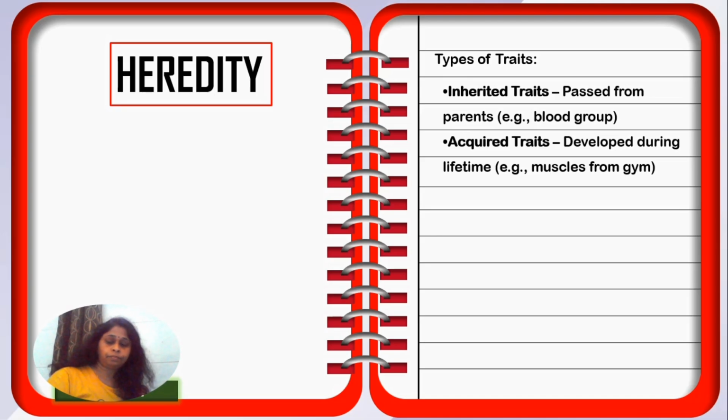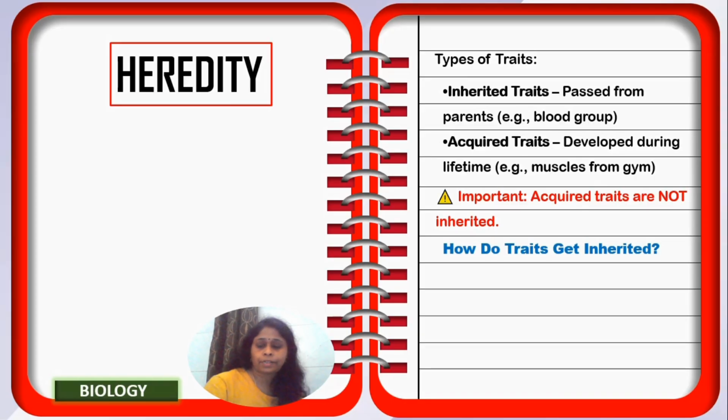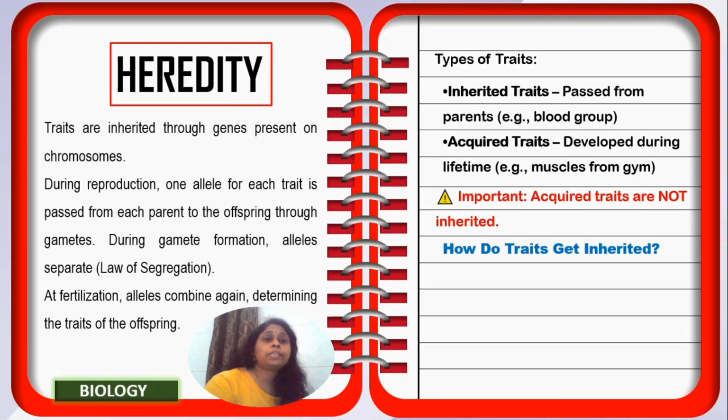Clear? Okay, now how do these traits get inherited? Traits are inherited basically through the genes present on the chromosomes. During the reproduction process, one allele for each trait is passed from parent to offspring through gamete formation, and during gamete formation the alleles separate. We can take plant height as an example.